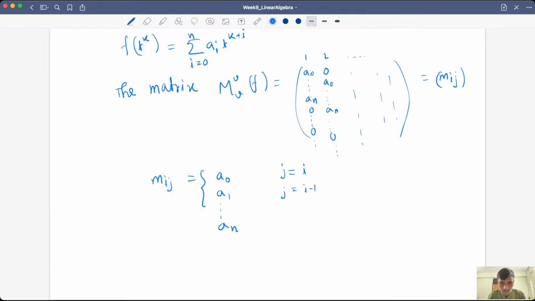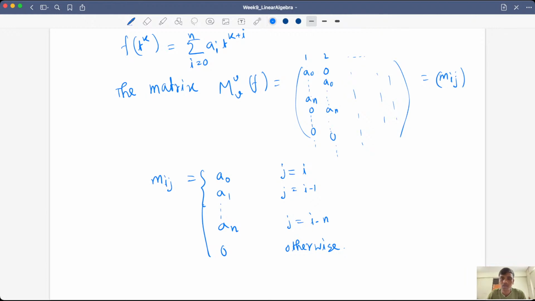This will start when j is i minus n, right, and the remaining entries are 0 otherwise. Clear?